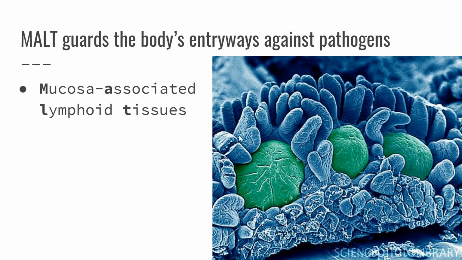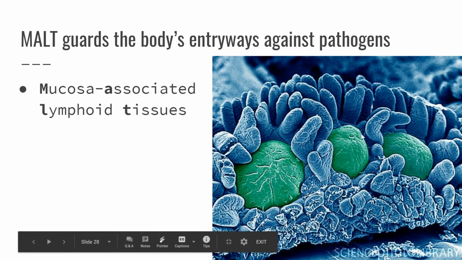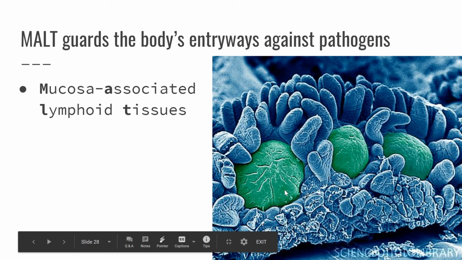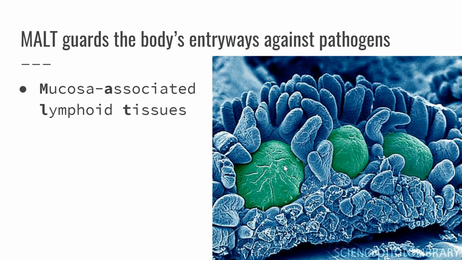This view over here is of the small intestine. Everything in blue is the small intestine that absorbs nutrients. And then these little green things right here are an example of MALT. This is an area where the B or T cells could come and live, and then they're checking all of our food in here for pathogens.